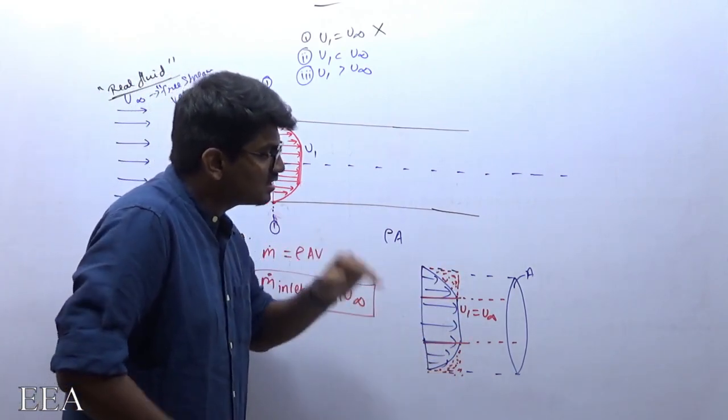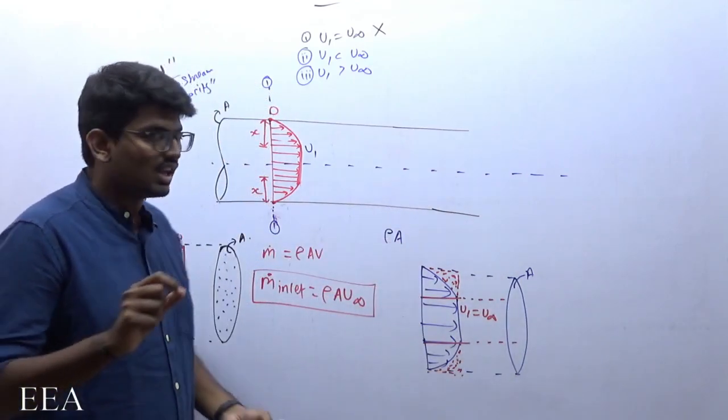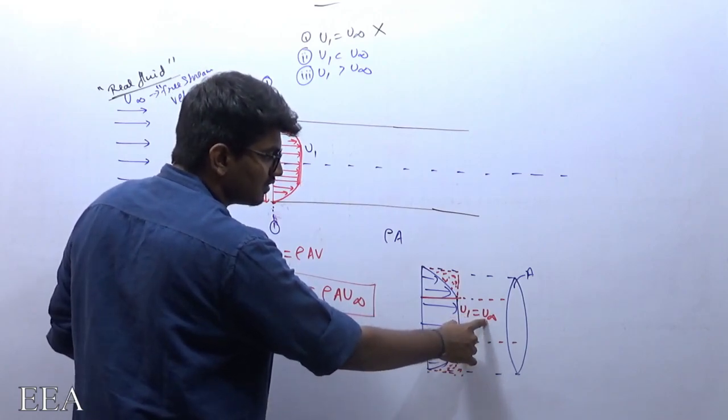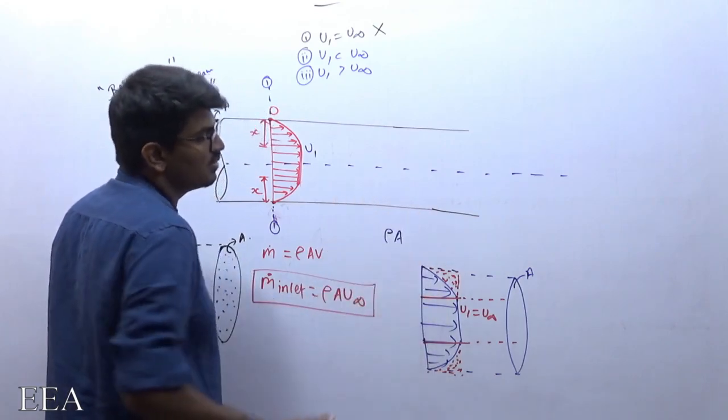Then the mass flow rate is also going to decrease if I take u1 as u infinity. So surely the mass flow rate corresponding to this velocity profile will be less.